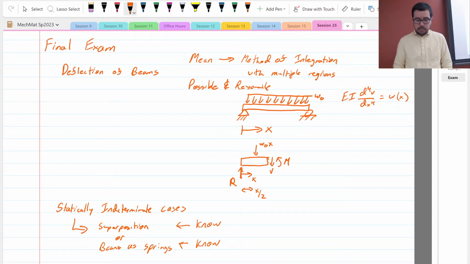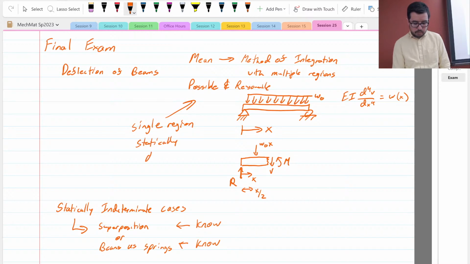And so in this case, deflection of beams, we're saying this is a single region, statically determinate case.